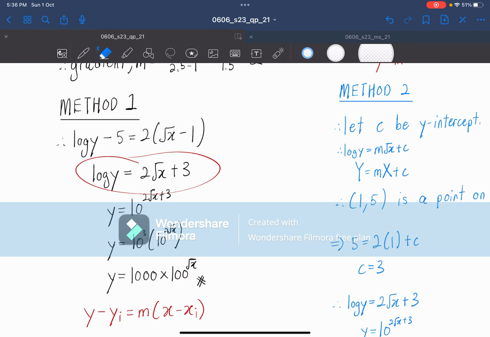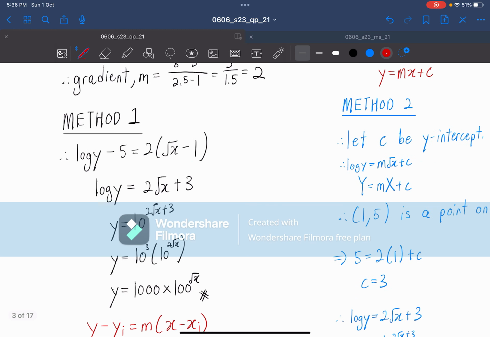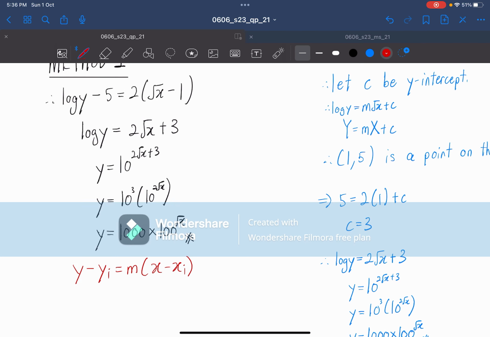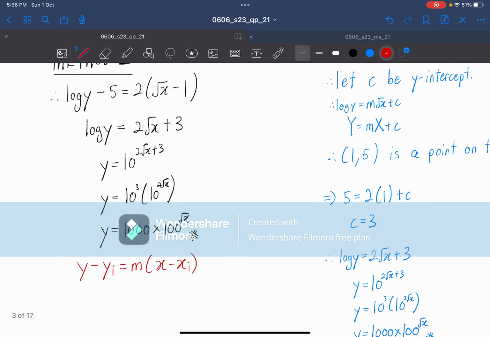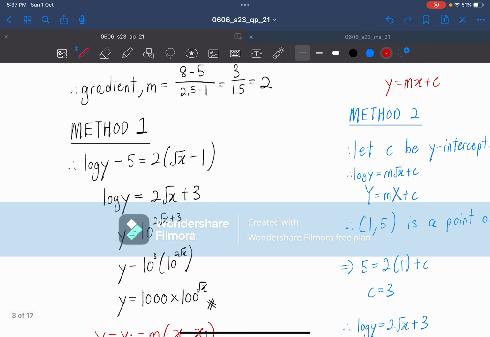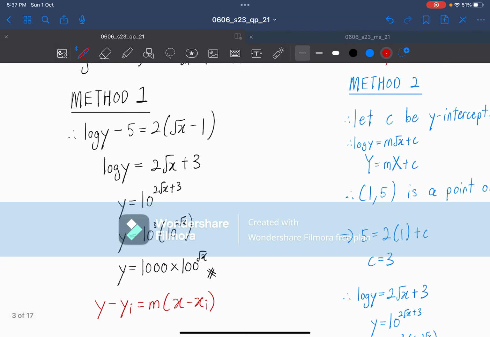From this, we know that the y-intercept is going to be 3, right? Because now it's in the form of y equals mx plus c, so we know the c is going to be 3. But that doesn't really matter in method 1 because we don't have to find the c. Technically when we use this y1 and x1 method, this equation right here, we already found the c.